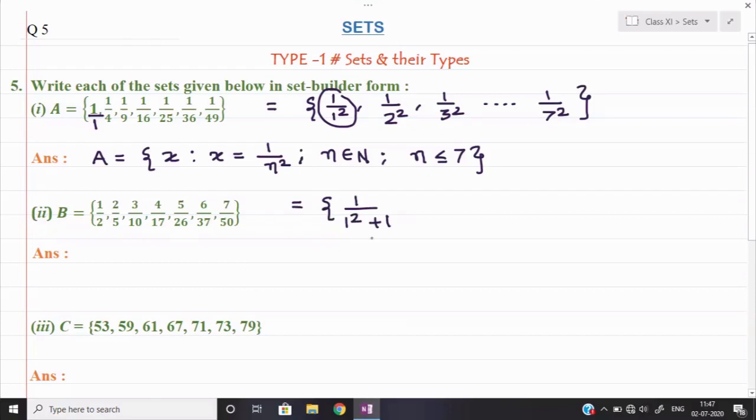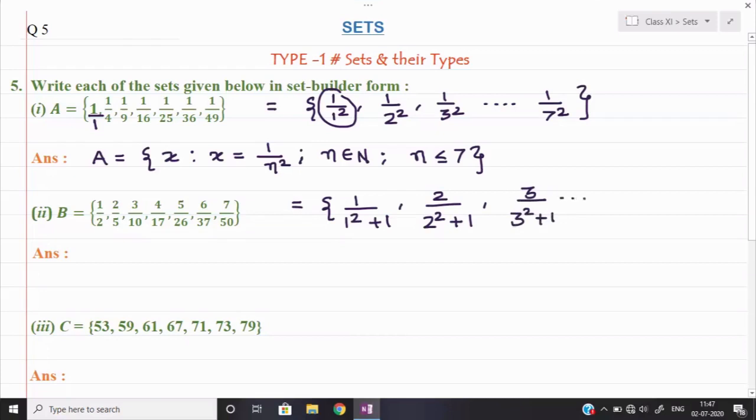But we need to follow this pattern in each and every element. However, this square of 1 we can change. For example, the second one, 2 upon 5, I will write as 2 upon 2 square plus 1. The third one, 3 upon 3 square plus 1. Observe, it is coming 3 upon 10.